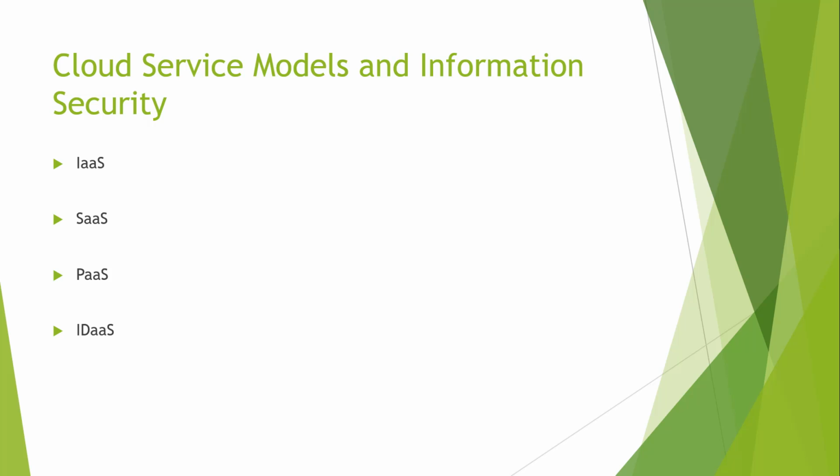Cloud services model. There are four common types of cloud services: infrastructure as a service, software as a service, platform as a service, and identity management as a service. These are the different software platforms or service platforms that are essentially cloud tech.